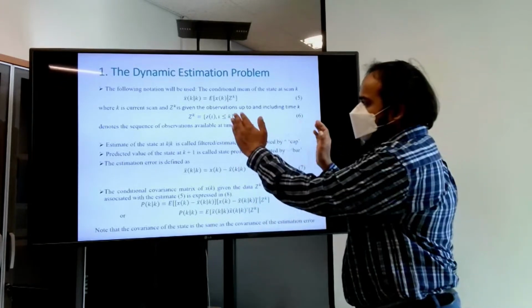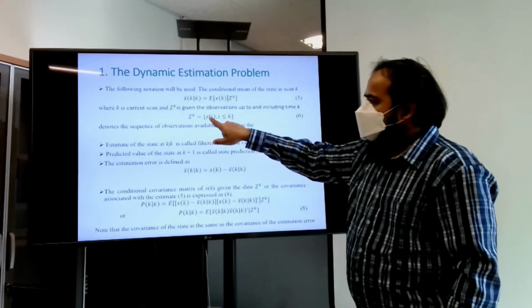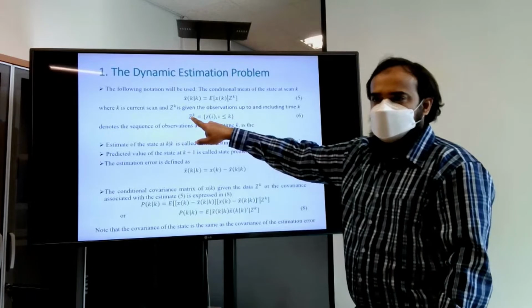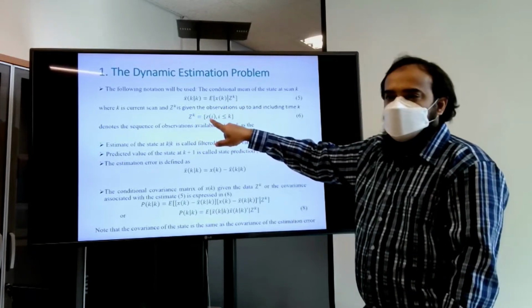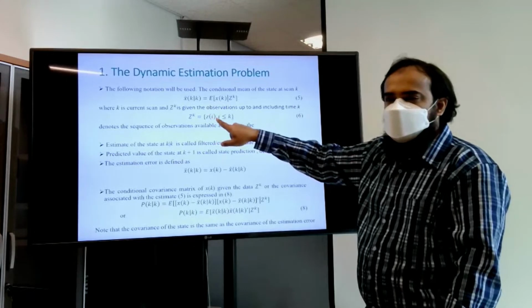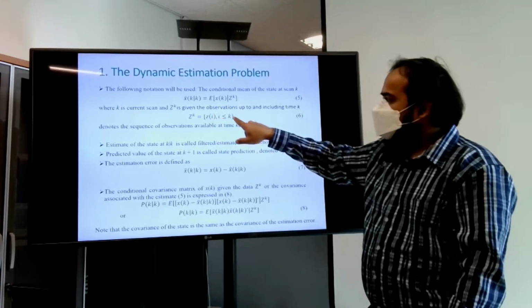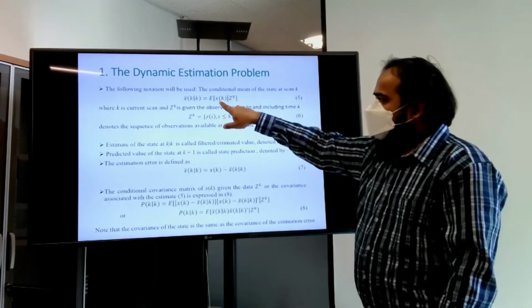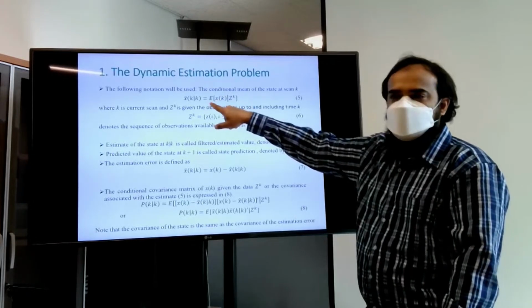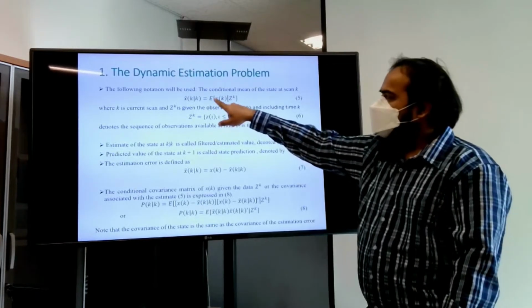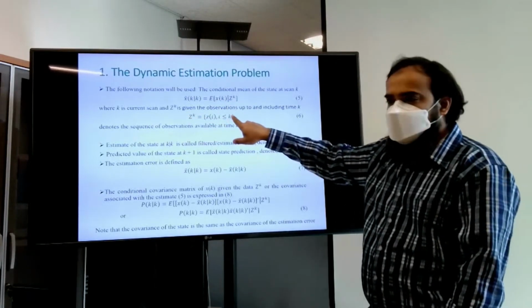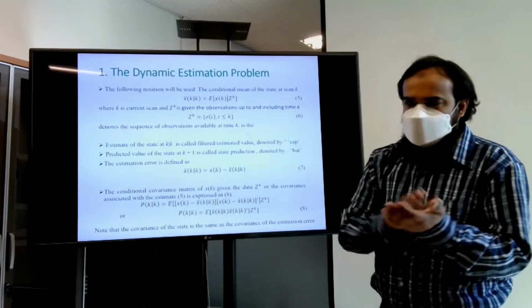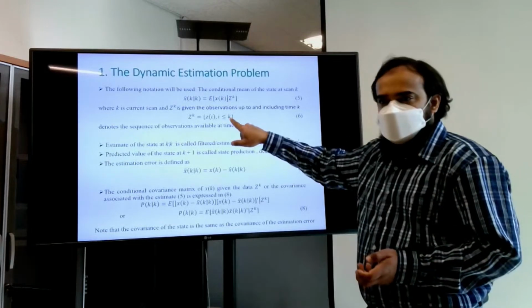The small z is a part of this, a subset of Zk. So z1, z2, z3 up to zk. Your estimator is equal to the expected value of the random variable given the measurement set from the initial scan up to time k.